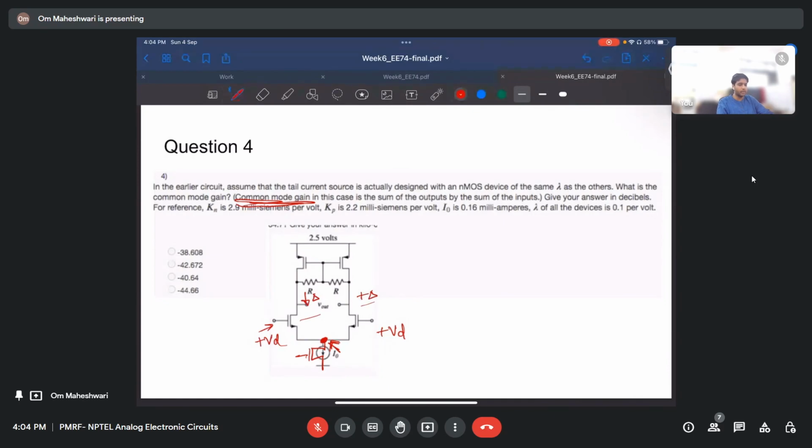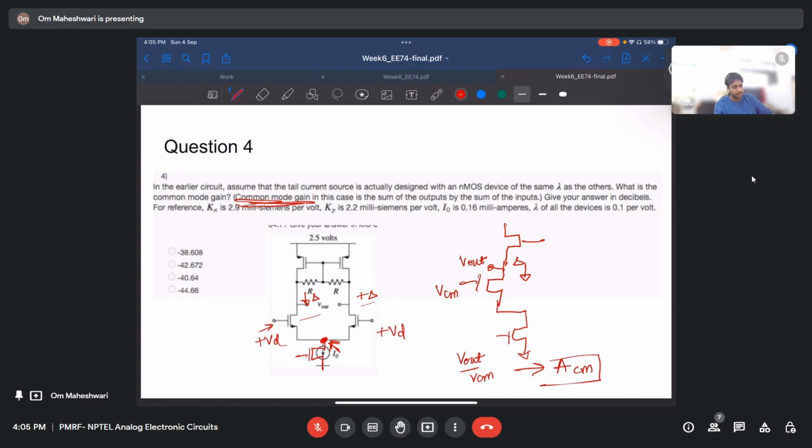To solve the current equations, since now both of these sides are exactly the same, we can consider only one of the sides. It can be something like this. If you solve for delta, and if Vout is here and you have VCM here, and you solve Vout by VCM, you will get your ACM, the common mode gain.